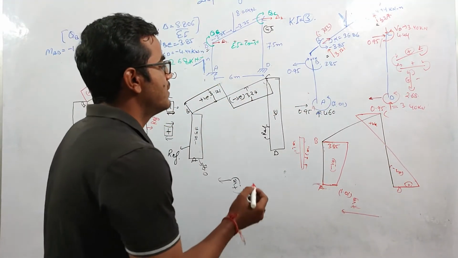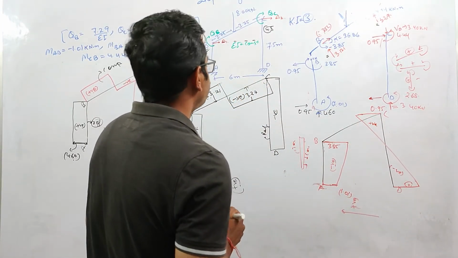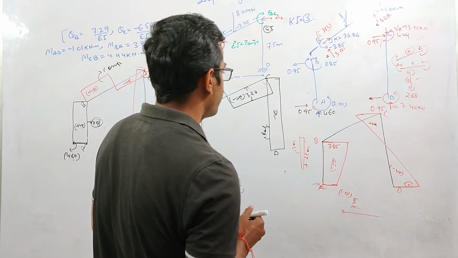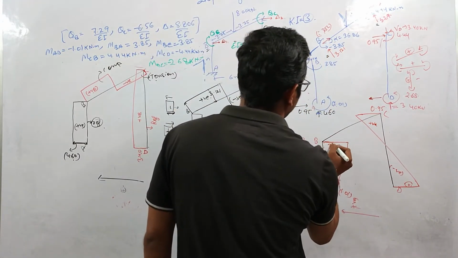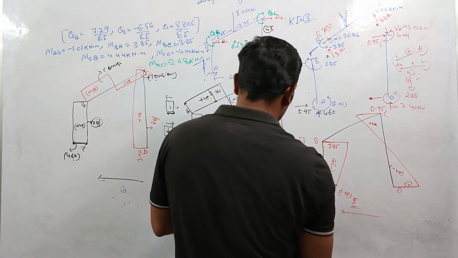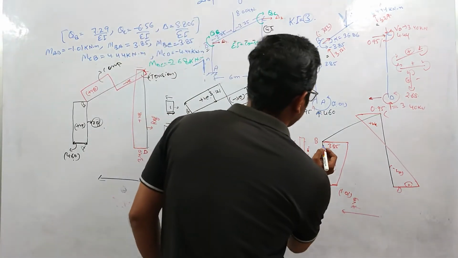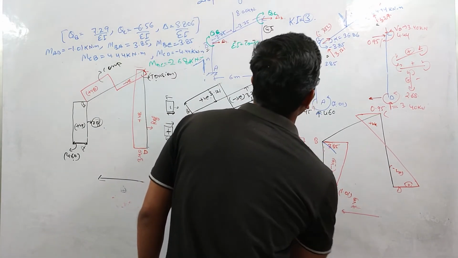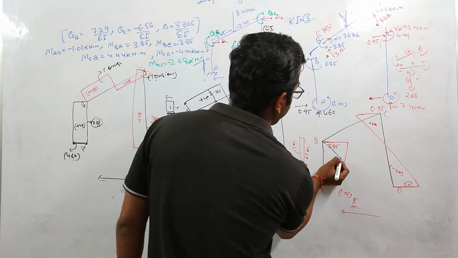Now let us come to this BC portion. For the BC portion, you can see this bending moment will cause compression downward. So the bending moment will start from this direction. Okay.